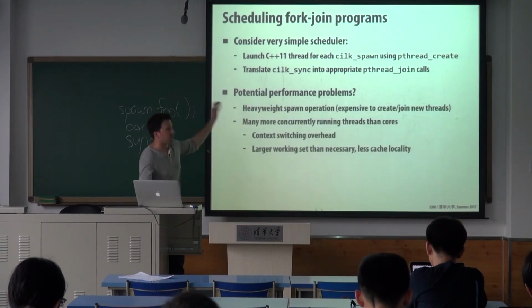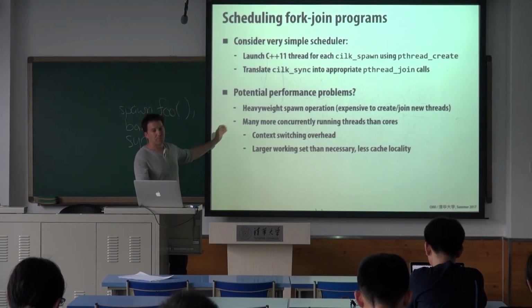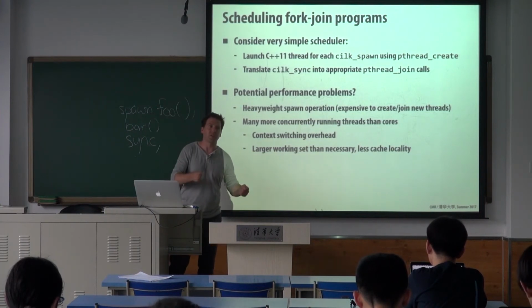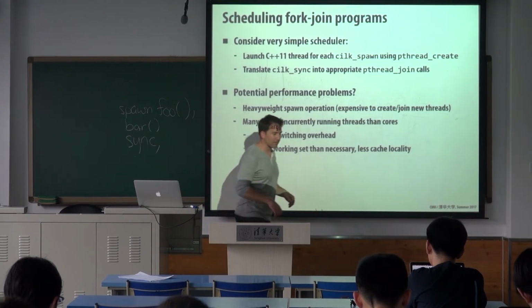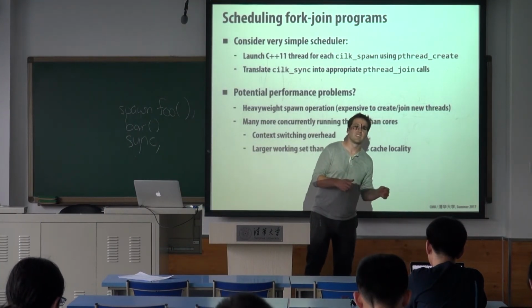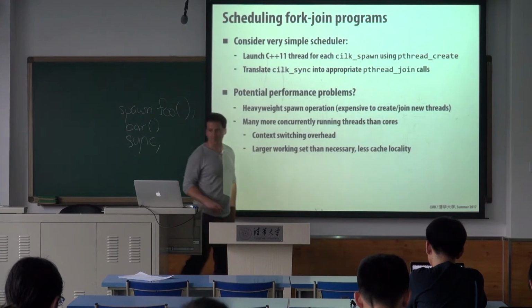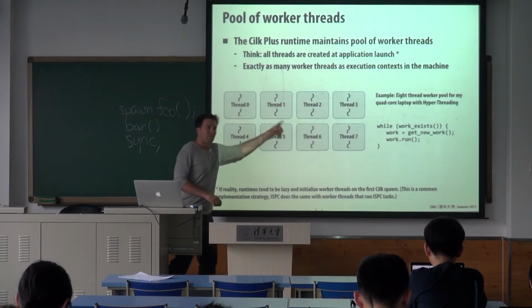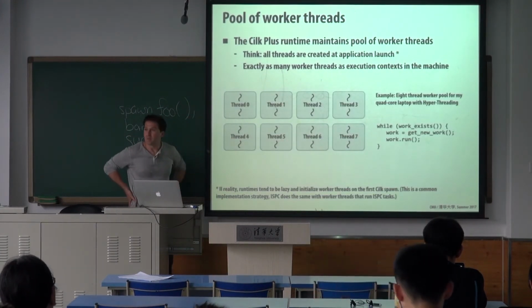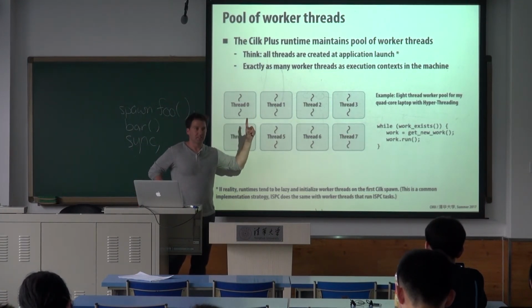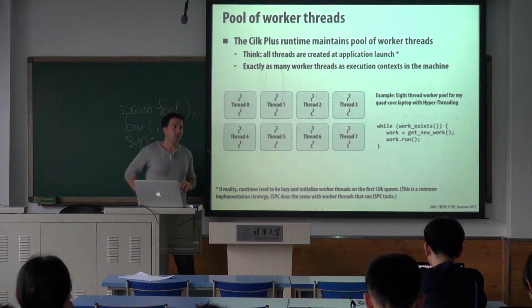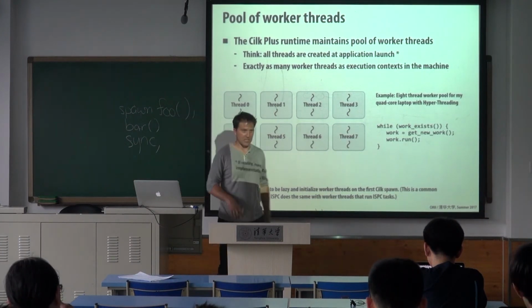Okay, so if we created a thread for every single one of these, our program would probably not run very fast, because we want to create all this parallel work and put it all on the list, and if every single time I went to the list I spawned a new thread, that would probably be slow. So my implementation is going to be very much like what you might expect: I'm going to create one thread for every processor, or really one thread for every execution context.